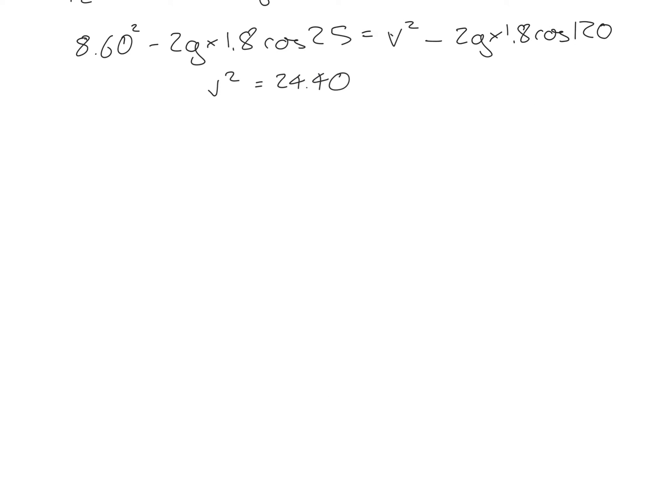Okay, so we've got this particle that's moving around in a circle. So it's moving in this direction. We know what V is because we've used energy to do that, and it's now wanting us to find T. So we've looked at energy.